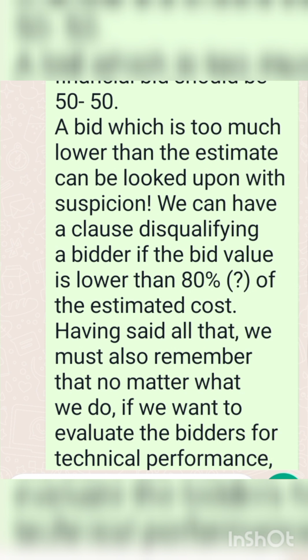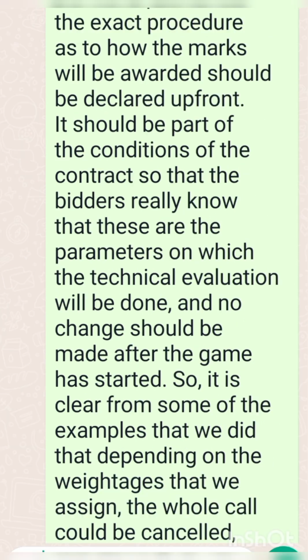Having said that, no matter what we do, if we want to evaluate the bidders for technical performance, the exact procedure as to how the marks will be awarded should be declared upfront. It should be part of the conditions of the contract so that the bidders know the parameters on which the technical evaluation will be done, and no change should be made after the game has started.